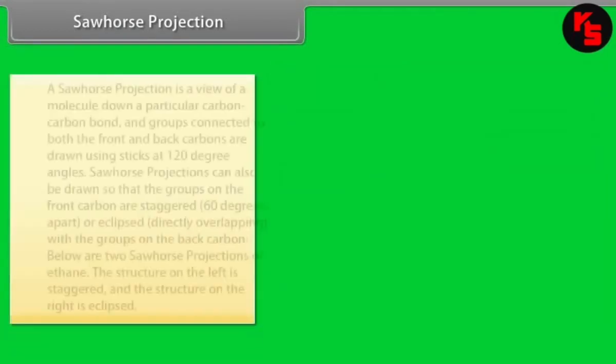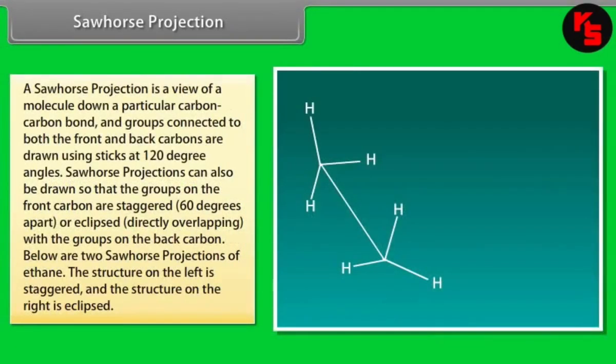Like with Newman projections, a sawhorse projection is a view of a molecule down a particular carbon-carbon bond, and groups connected to both the front and back carbons are drawn using sticks at 120-degree angles. A sawhorse projection can also be drawn so that the groups on the front carbon are staggered, 60 degrees apart, or eclipsed, directly overlapping with the groups on the back carbon.